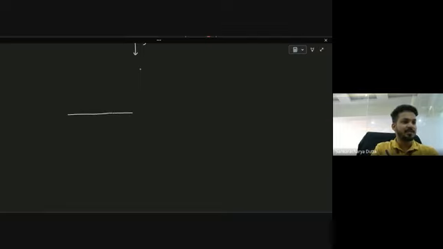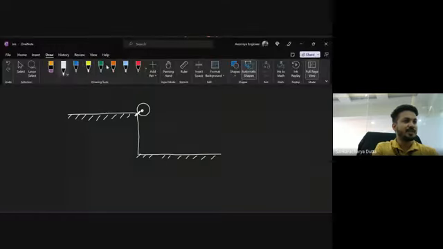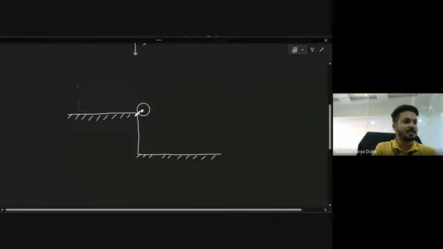So let's say this is a floor, and at the end of the floor there is another floor. So this one floor, this floor number 2. Now at this junction right here is a small pulley. Over this pulley, and let's make blocks with some different colors.